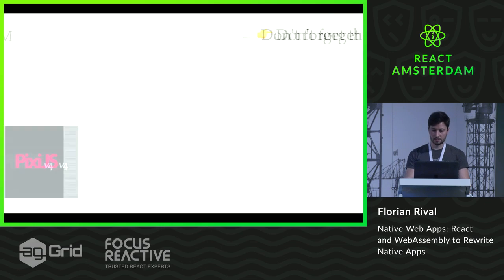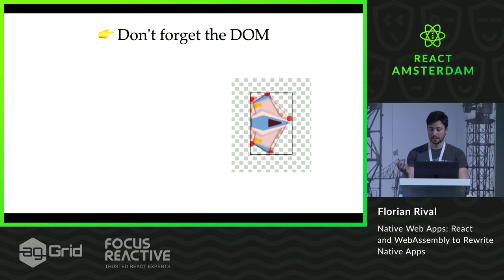Still, sometimes the DOM can be good enough. Here I have an editor where I'm displaying an object of the game, and I want to display the collision mask. That is the area where, when you touch it, the object is considered as being in collision with your cursor or another object.